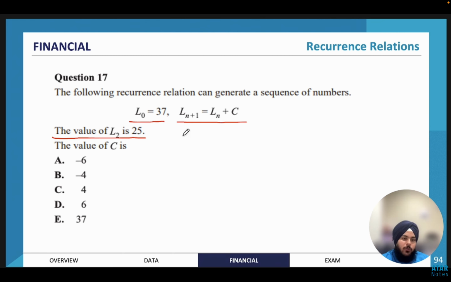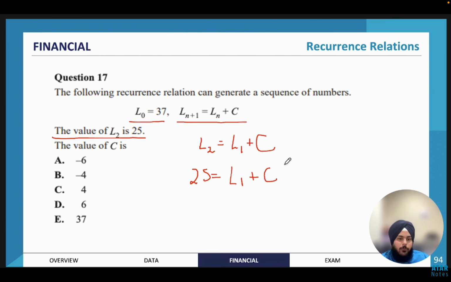So we know what L2 is, so if we want to determine what C is, in this question it's a little bit difficult, so we might need to go backwards. So we know what L2 is. L2 is equal to L1 plus C. We know what L2 is, it's 25, and that is equal to L1 plus C, where we don't know what L1 is.